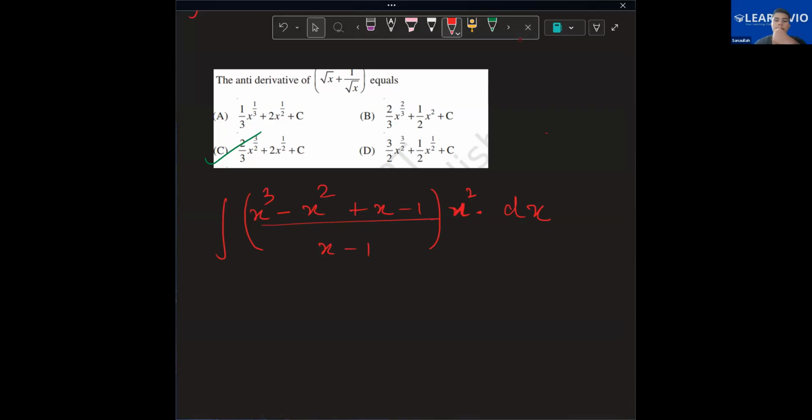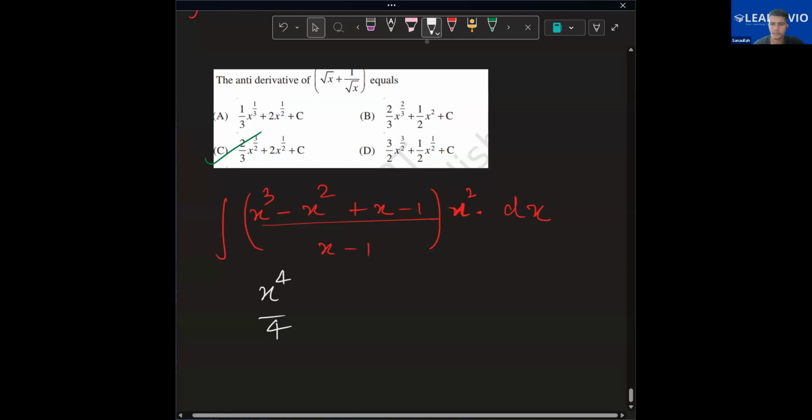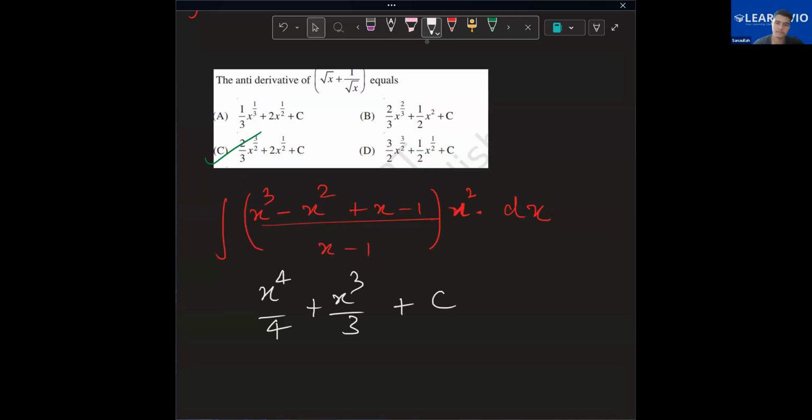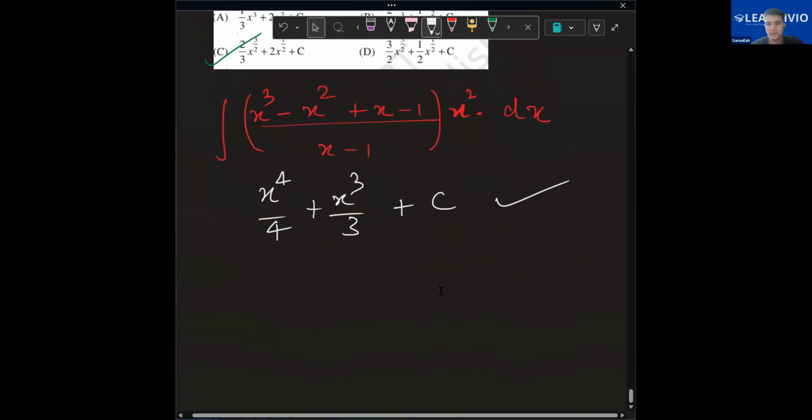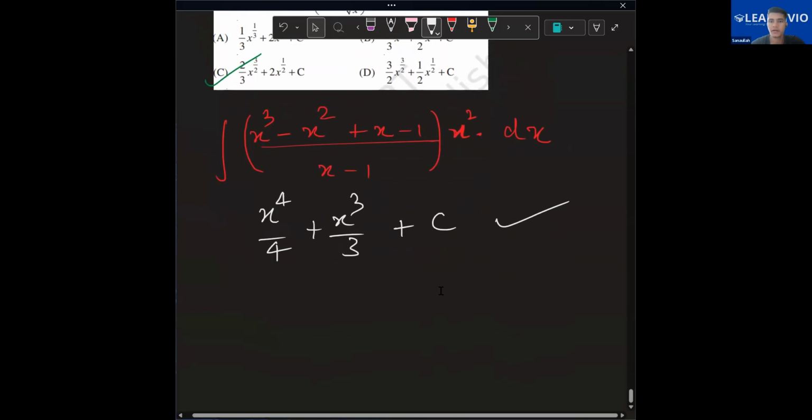So the answer will be x power 4 by 4 plus x cubed by 3 plus c. We will use this. So I got x raised to 5 by 5.